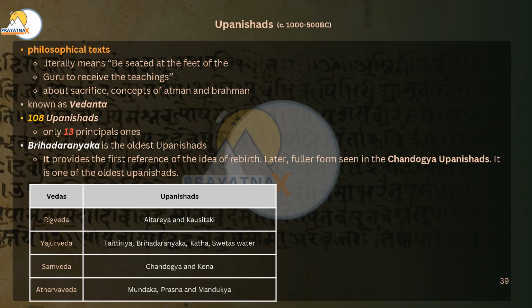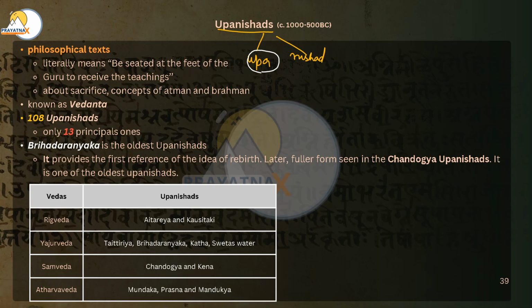So, if we look at the word Upanishad itself, it is combined of two Sanskrit words, Upa and Nishad. Now, the term Upa means to sit down near someone, and Nishad means to get the secret knowledge from someone.